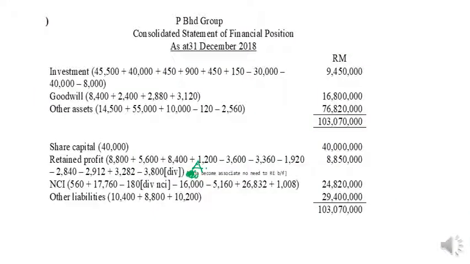Okay, and then this is what you have for the statements of financial position. So this is A becoming an associate. So this is what you have, the answer for tutorial 1, and also tutorial 4, the cash flow, and also tutorial 3, changes in group structures.